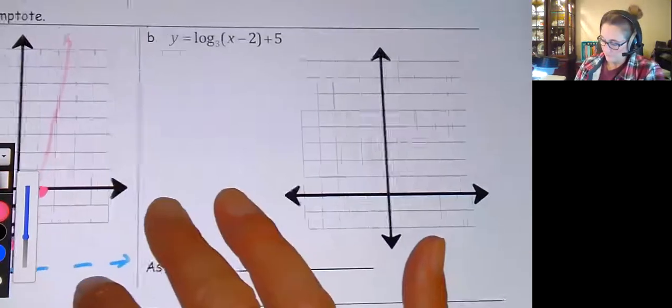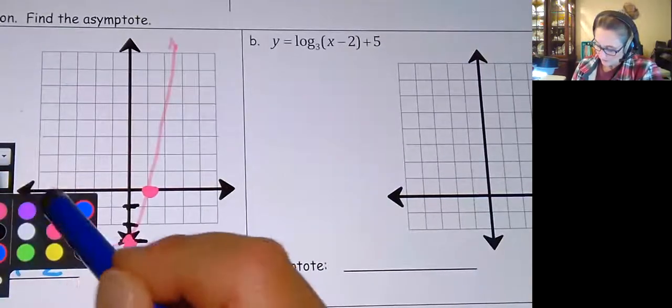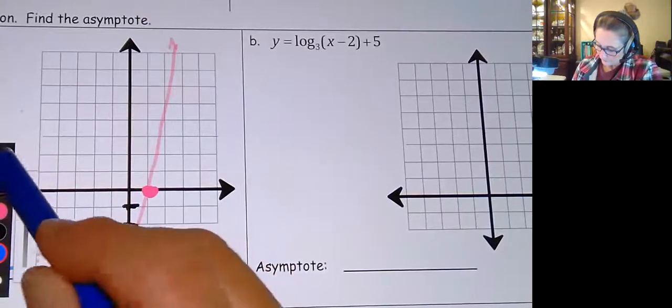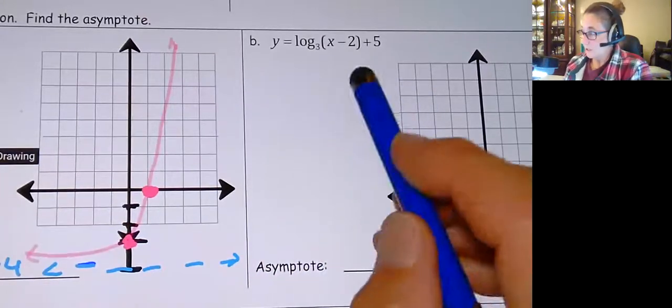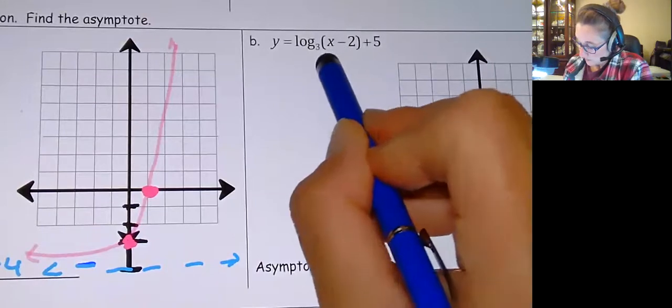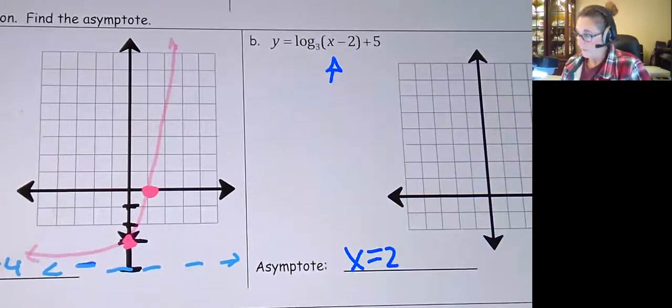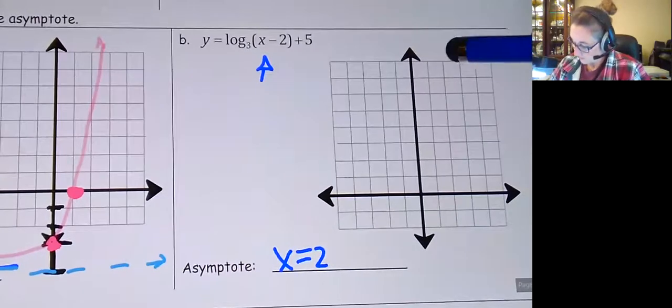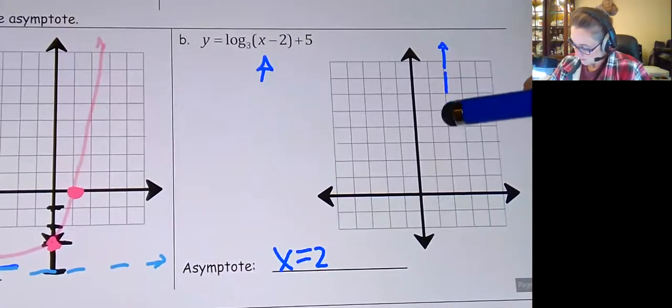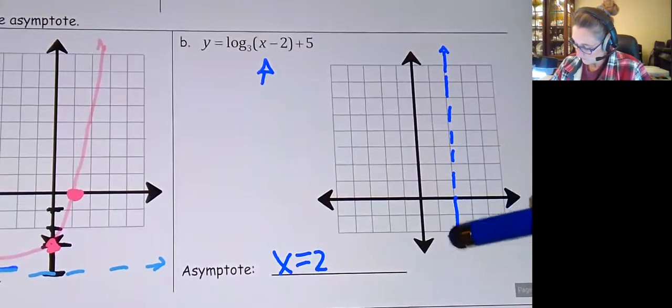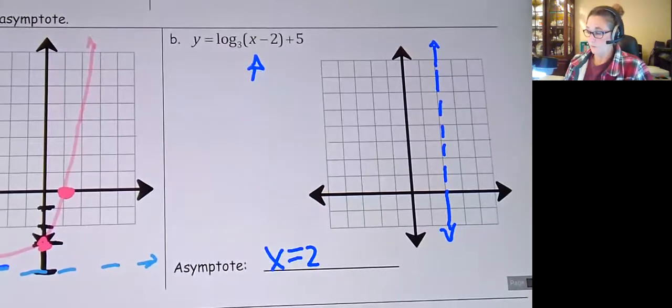B, this is a logarithmic graph. So right here, that tells us that our asymptote is going to be at x equals 2. So I am going to come here to x equals 2. There is my vertical asymptote.